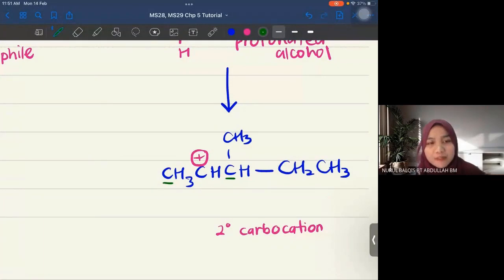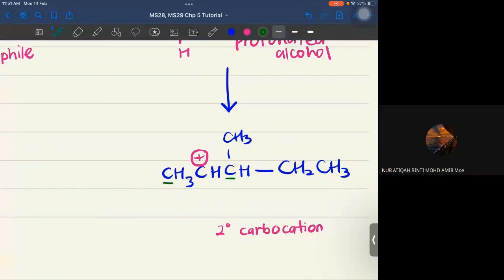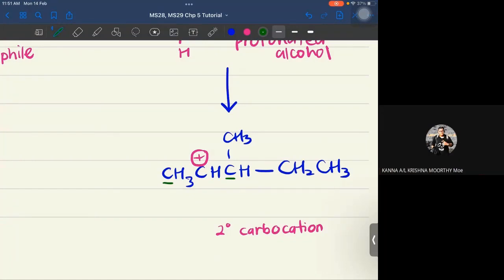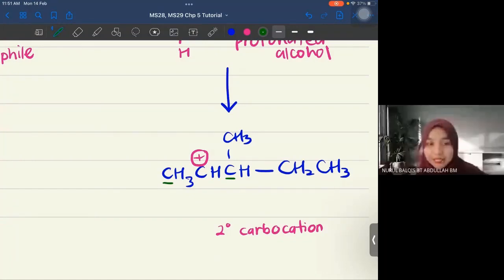How many types of rearrangement do you learn? 2. Ada dua kan? It's either 1,2 hydride or 1,2 methanide. And rearrangement only takes place from a less to a more stable carboxyl ion. Okay, look at your adjacent carbon.